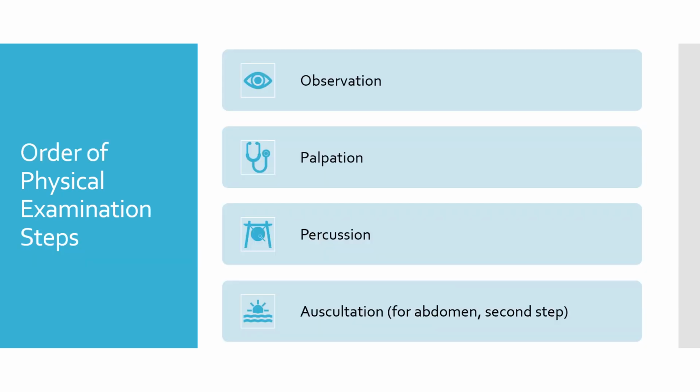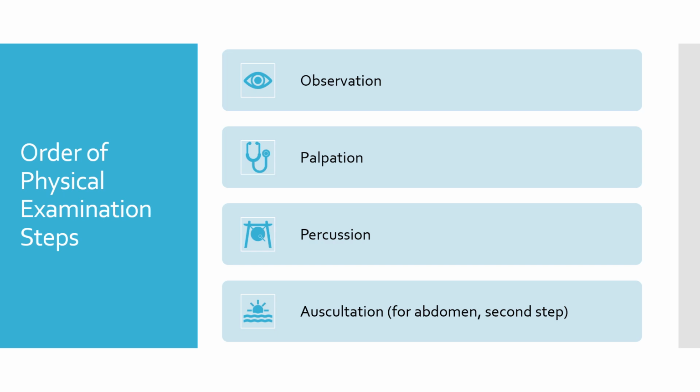The order of physical examination steps should be observation, palpation, percussion, and auscultation. So just remember those steps and the order that you go in. With observation, we're looking. This may include that general appearance that we talked about. After observation, we're going to do some palpation. This is going to validate what we have observed.